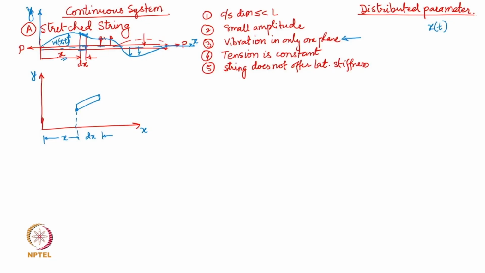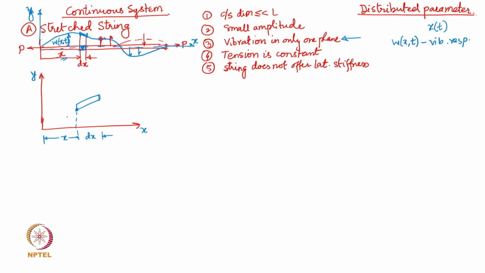That means the response at any location x along the length of the string at any instant of time is going to be w(x,t). That's w(x,t) for you.